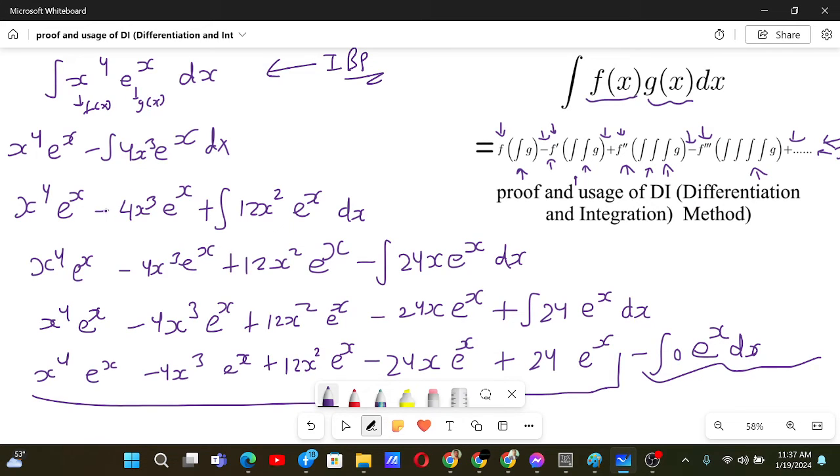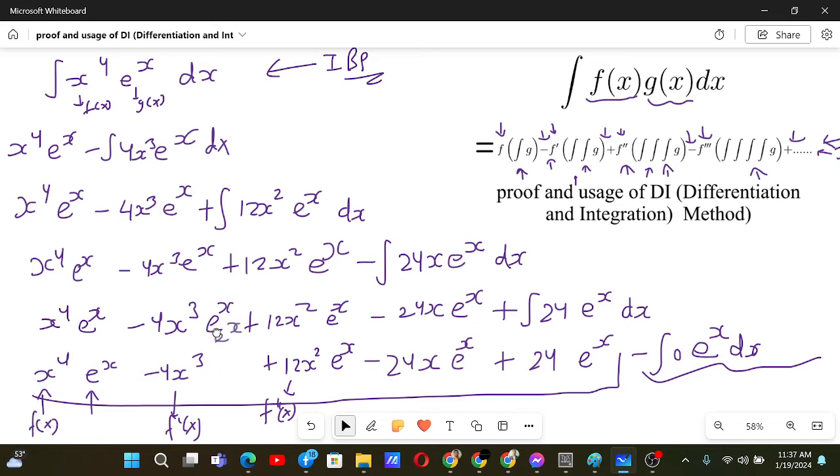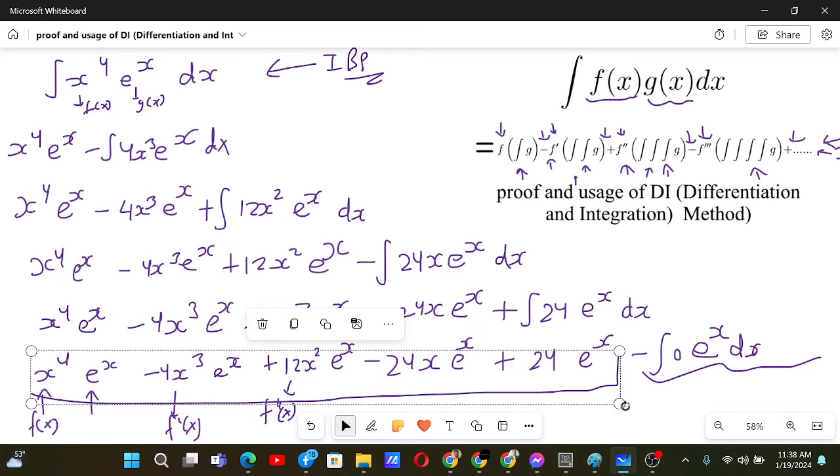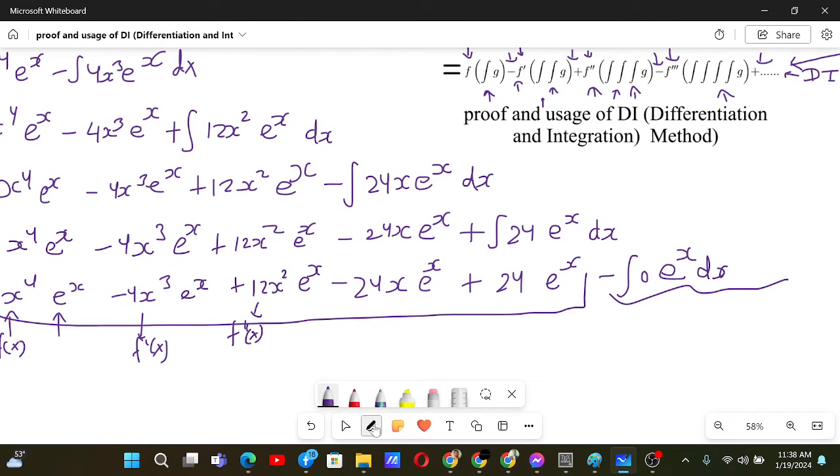So this is f of x, this is the first derivative of f of x, 4x cube, this is the second derivative of f of x, then this is the third derivative, this is the fourth derivative, and it continues, but since this is 0, there is no value in continuing, because there is no meaning to continue.